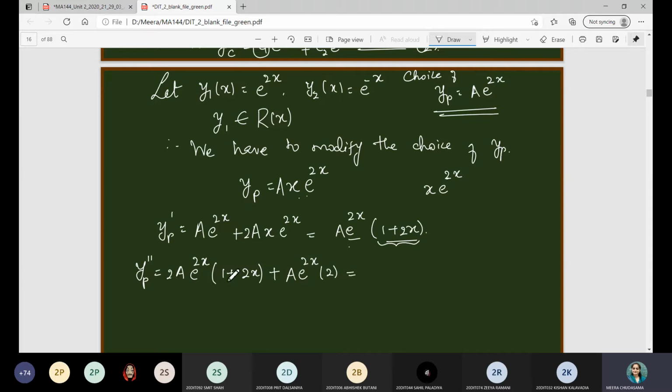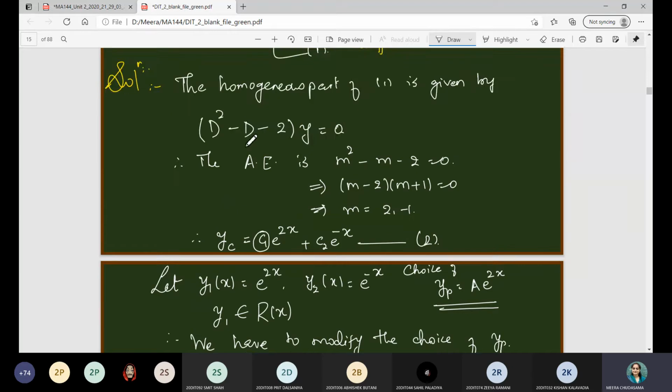You can see that 2a e raised to 2x into 1, it is also 2 into a into e raised to 2x. So it will give you 4a e raised to 2x plus 4a x e raised to 2x, right? So second order derivative तक हमें find out करना था तो वो कर लिया.